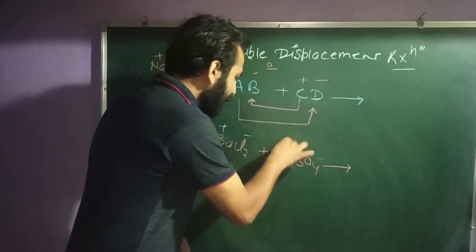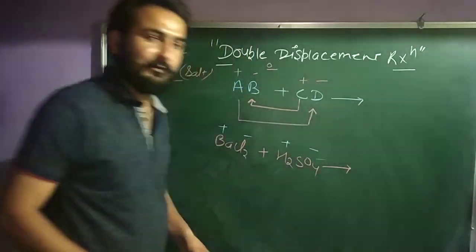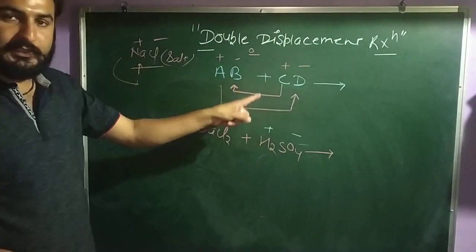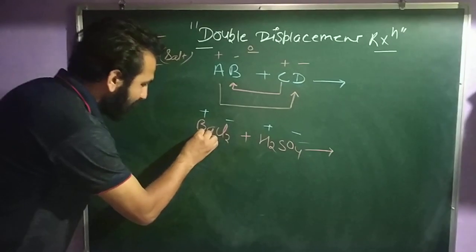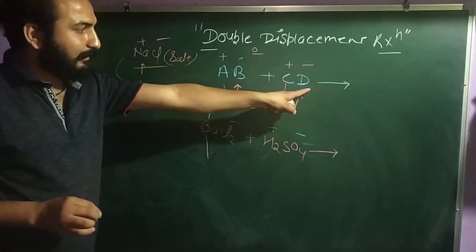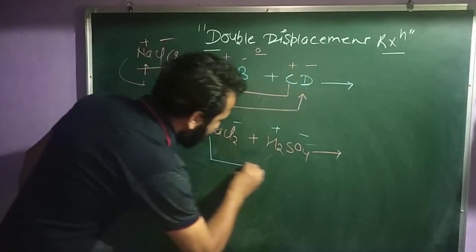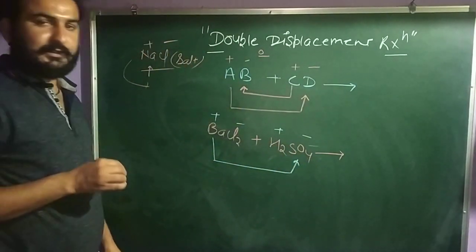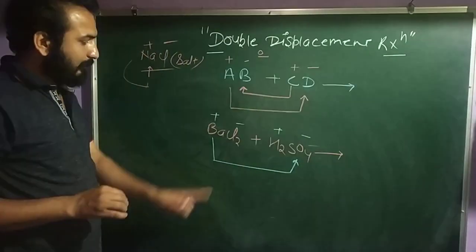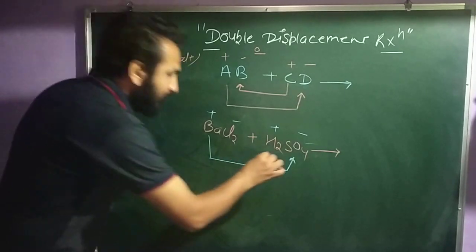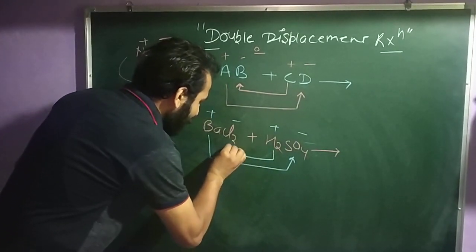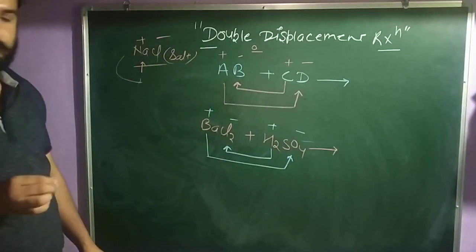This also is positive, this negative. In the same manner, the positive part of the first is combined with the negative part of the second, like this. And the positive part of the second is combined with the negative part of the first.